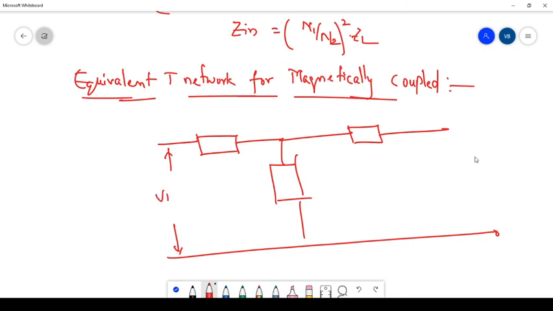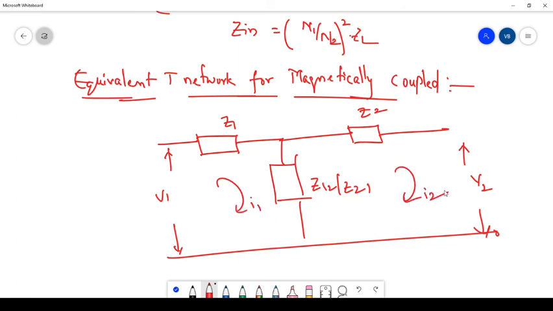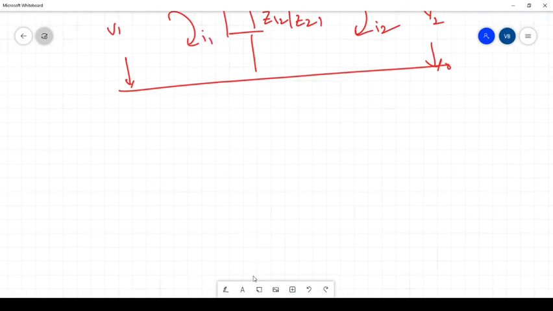So here let us apply V1, and here V2, and here let us take Z1, Z2, and here Z12 or Z21 you can take. So here the current direction is I1, and in this one the current is I2. Or this we can write like this also, which has two ports.